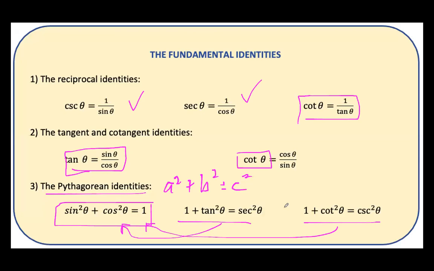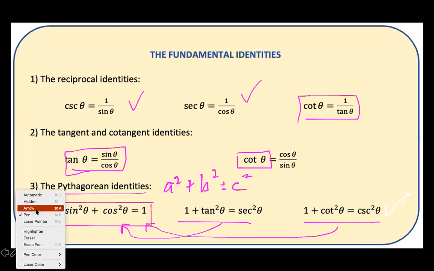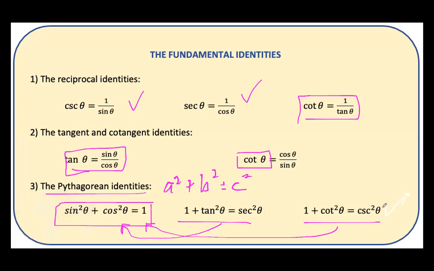Now, let's check. We have already verified, or we have proven, the third Pythagorean identity. Now let's try proving or deriving the second Pythagorean identity.